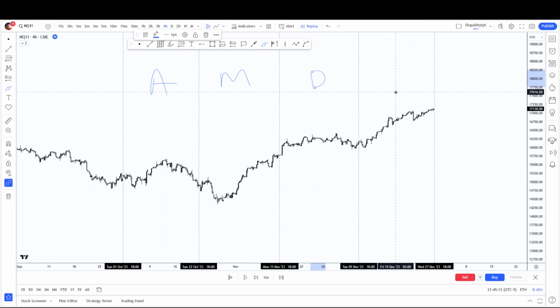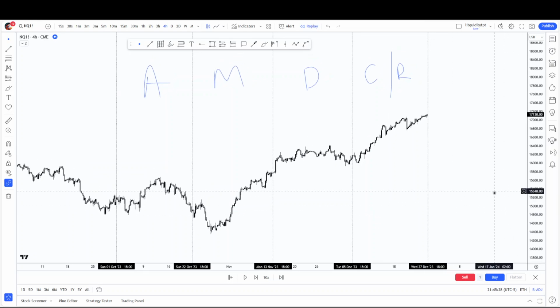And what is this last area? It is a continuation or a reversal. This is what happens in the market on a quarterly basis. So quarterly, we can mark out these levels and we can expect certain things and biases to develop during these times. And now I'm going to show you guys how I'm able to do this.